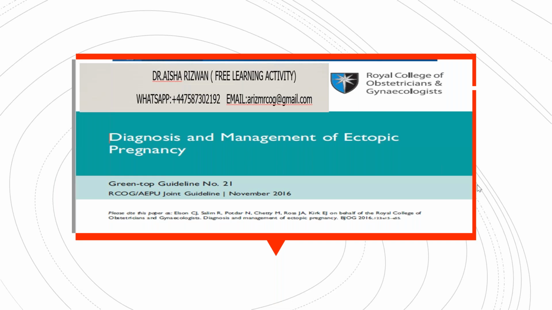So only these methods are recommended: give them methotrexate, or you can do the surgery, and during the surgery we can do the laparoscopic resection, or we can do the salpingotomy. Better we should adopt the laparoscopic approach. Okay, that is better, and we can do the resection, and that should be done under ultrasound guidance.